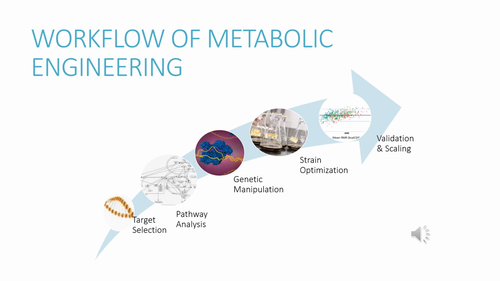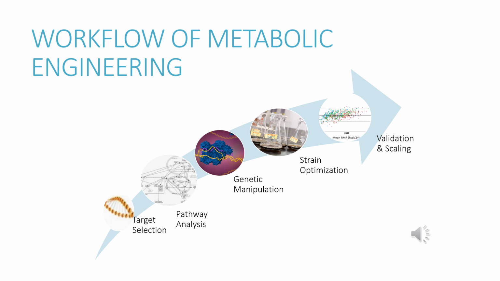It analyzes the existing metabolic pathways using computational tools and identifies the bottlenecks or inefficiencies which need to be worked on. The next step is genetic manipulation. It modifies the organism's genome to enhance or redirect metabolic pathways. It involves techniques that include gene knockouts, overexpressions, and heterologous pathway integration.